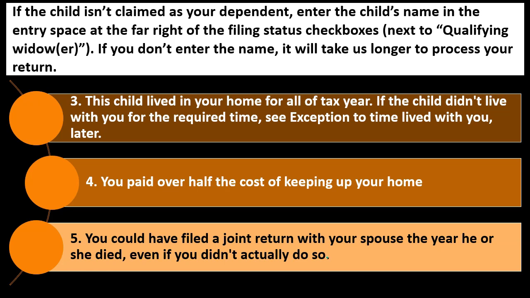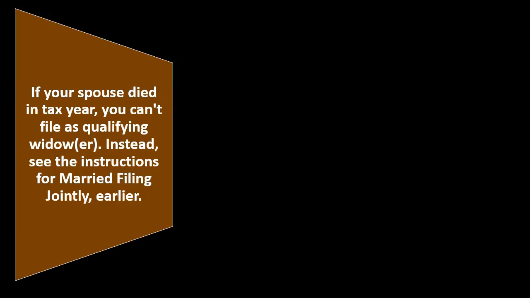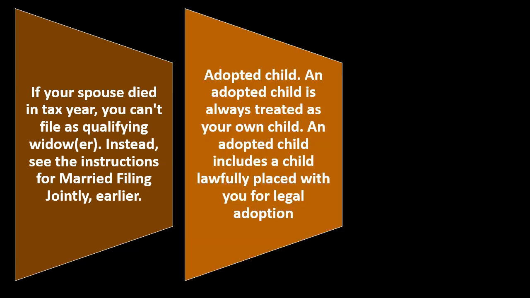And then after that point in time is when you would think there would be a qualification possibly for the qualified widow or widower status. If your spouse died in tax year, you can't file as qualifying widower, because typically if they died in that tax year, you would typically file as married filing joint still, and then possibly afterward. Instead, see the instructions for married filing jointly earlier.